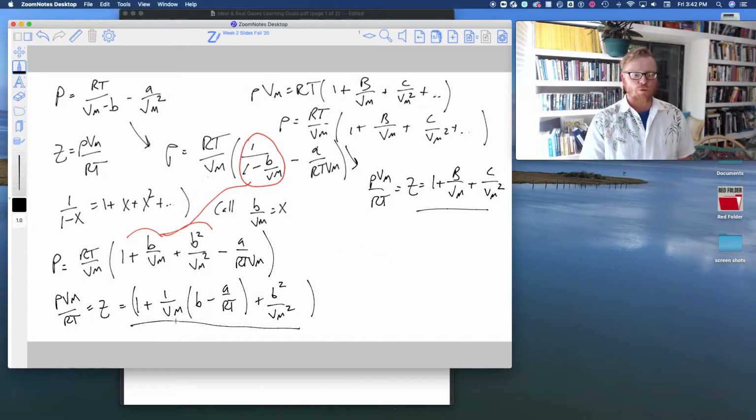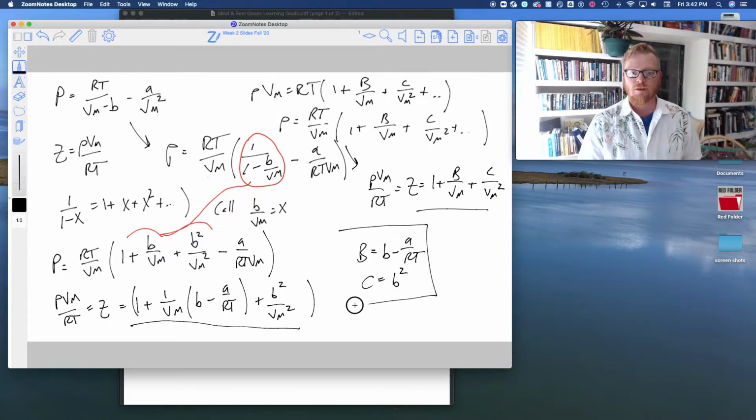My 1 over VM term, there's my B. So that means big B has to equal little b minus A over RT. Also, that means C right here has to be b squared. Fantastic. There it is.